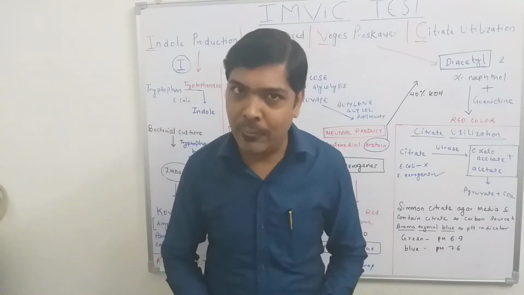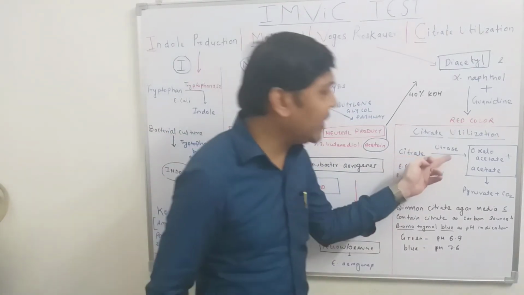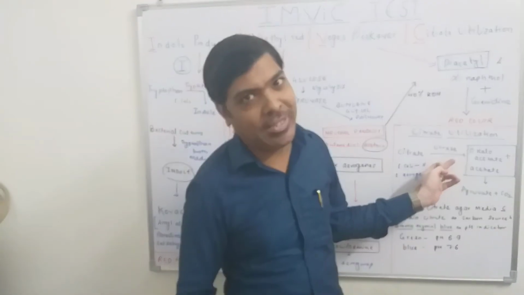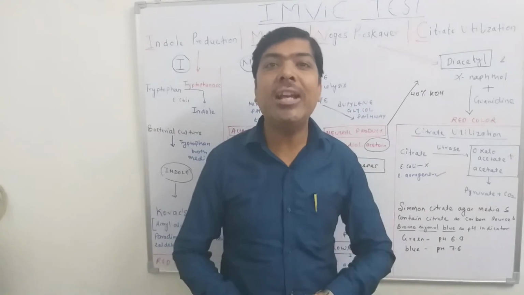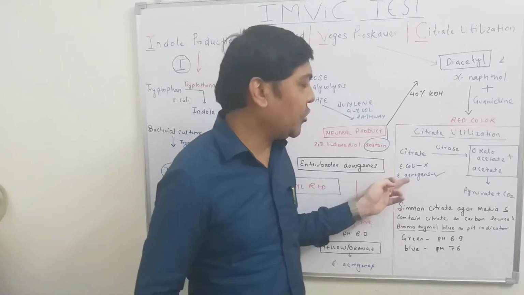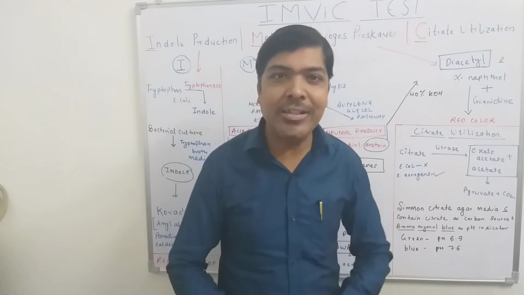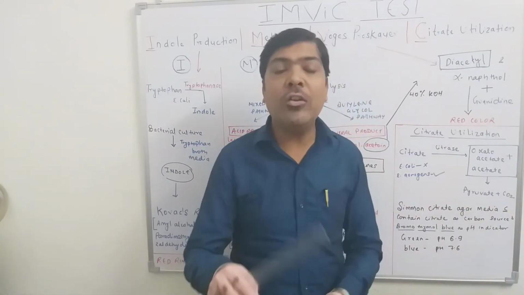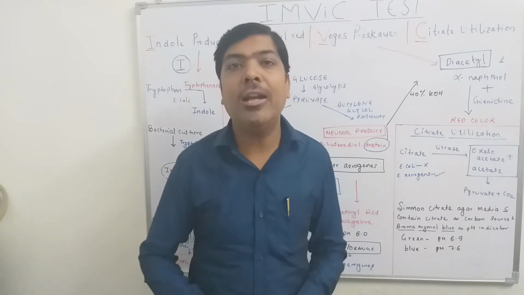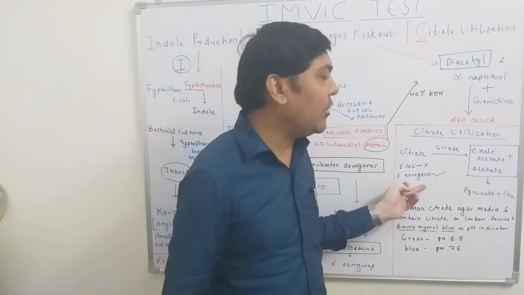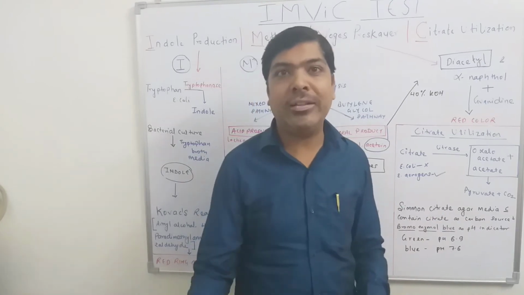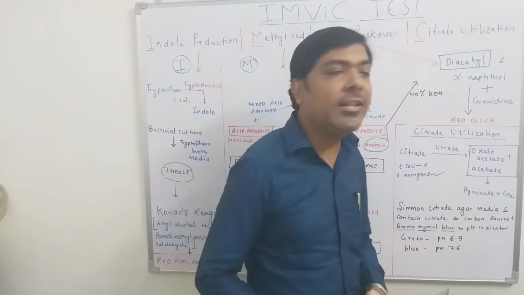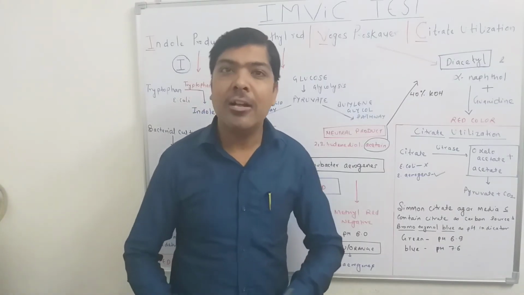But the citrase enzyme is necessary for utilizing citrate, and E. coli is not able to produce citrase. Enterobacter aerogenes can produce it. So in Simmons citrate agar, only Enterobacter aerogenes is able to consume the citrate, producing oxaloacetate, and further pyruvate and carbon dioxide.